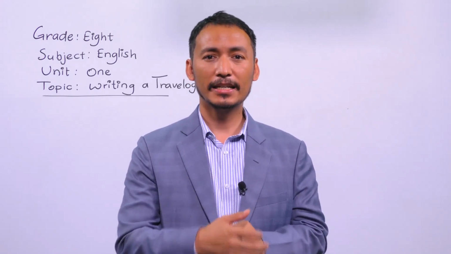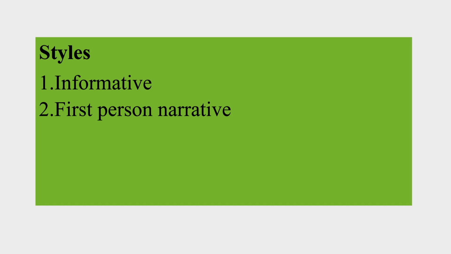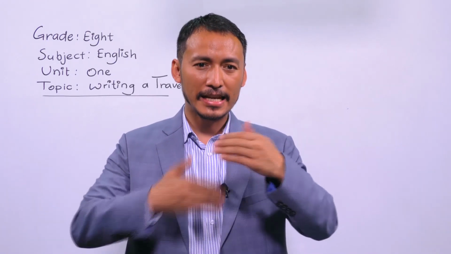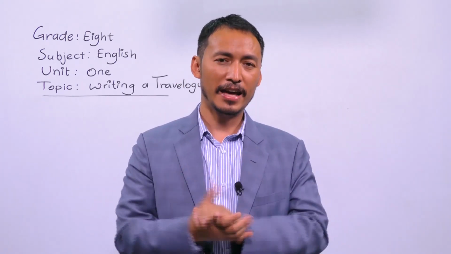Okay, let's see the next one. The next one is first person narrative. You can narrate the events as a story. You can say, I went there, I enjoyed the moment there, I visited those places, I met those people. So you can say it in the first person narrative way.